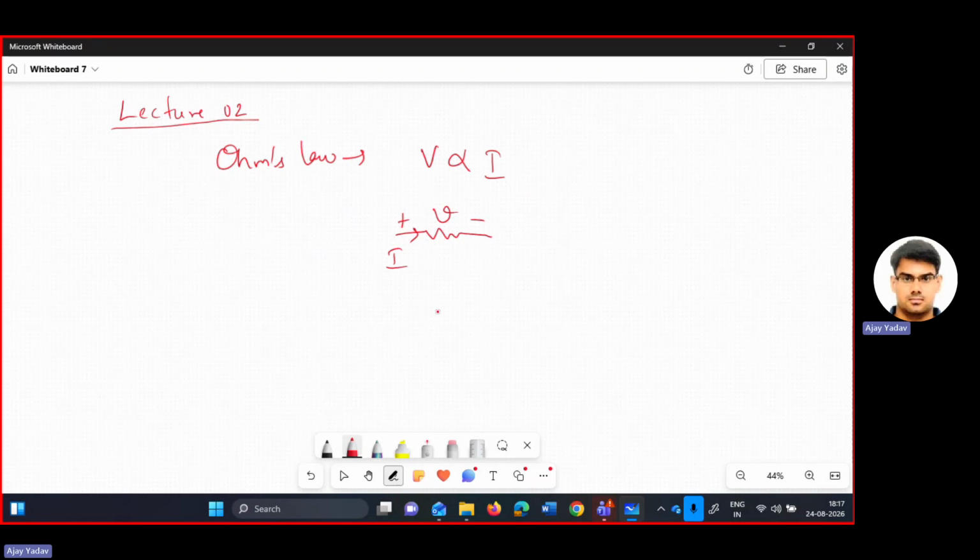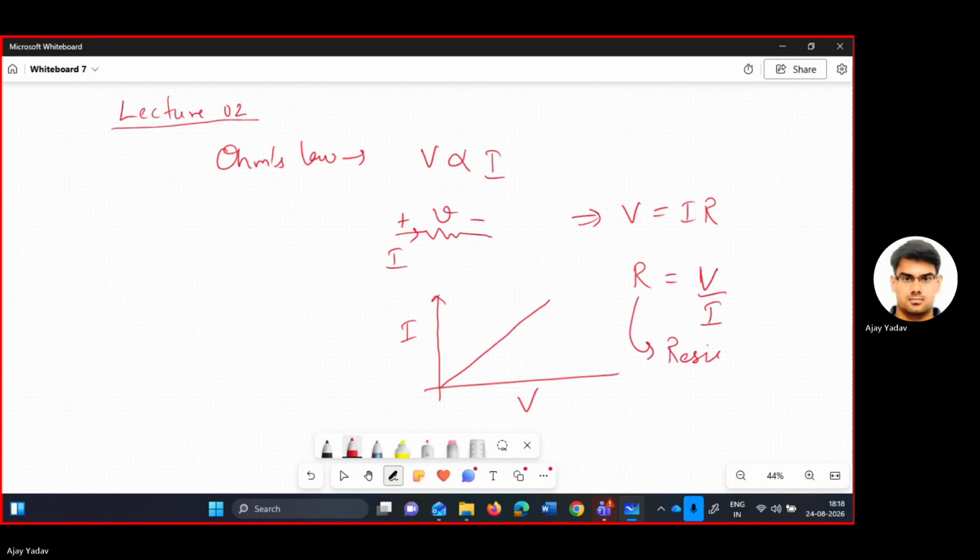Or you can say that if you plot the IV characteristics for a linear resistor, I is directly proportional to V. When you remove this constant of proportionality, then V is equal to I into R, where R is V by I, and it is called resistance. So what is resistance?